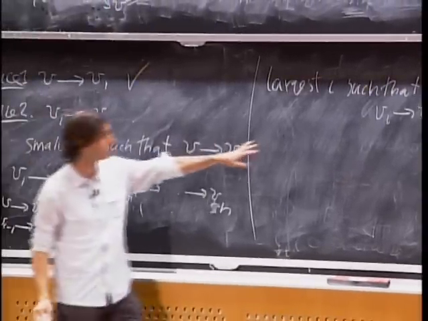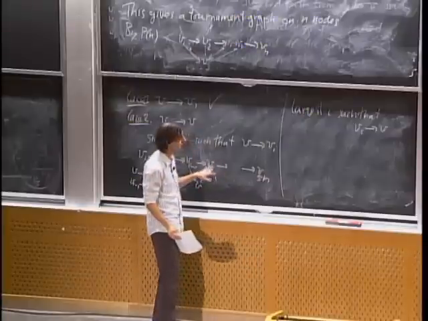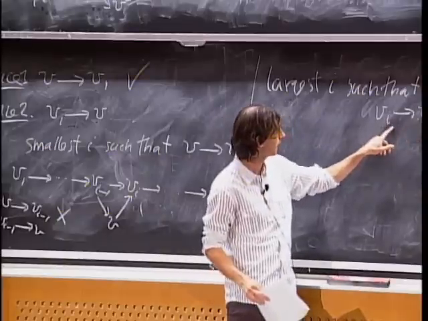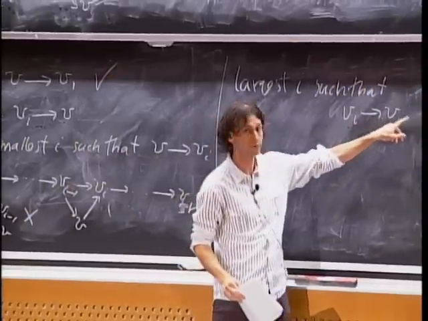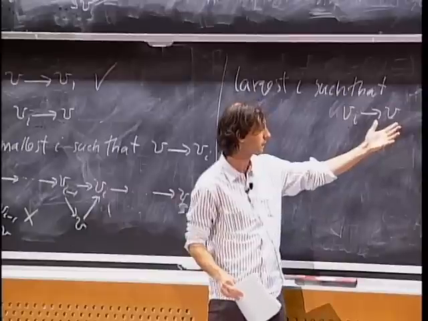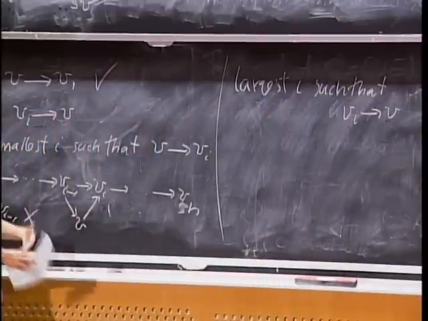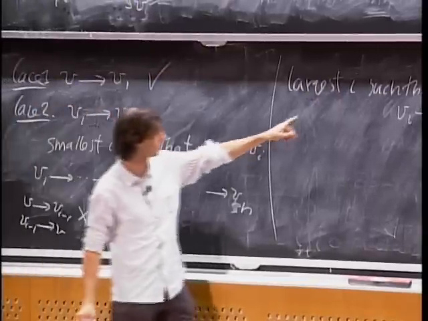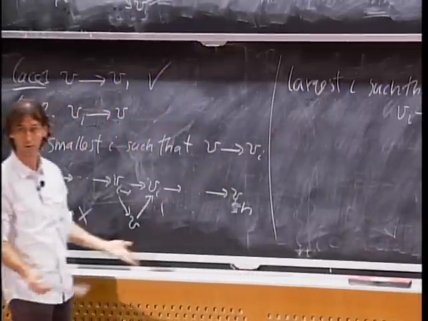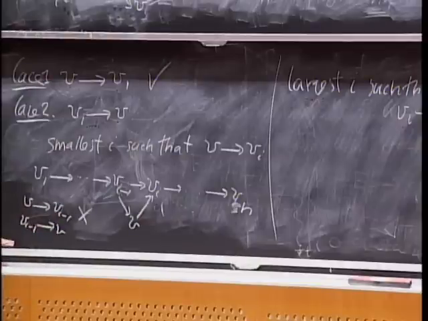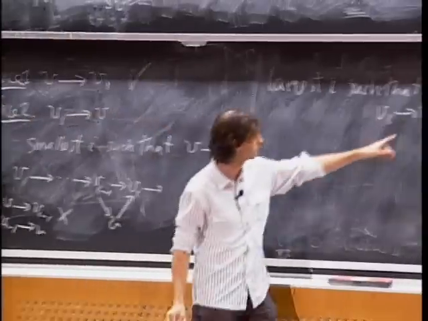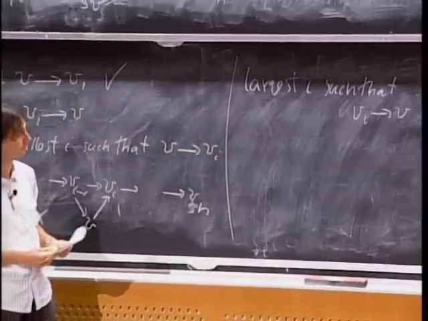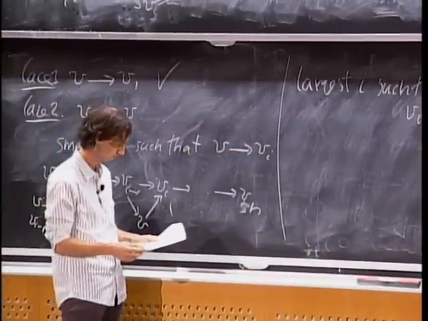Why would this work, by the way? We have a similar kind of argument. We plug V right after Vi. We know there is an edge from V to Vi plus 1. Why? If it's not the case, there will be a larger index i, which contradicts our assumption that we have the largest i already. It's a tournament graph, so we know that there's an edge from V to Vi plus 1. And we get a directed Hamiltonian path as well. So you may want to look at that as well.